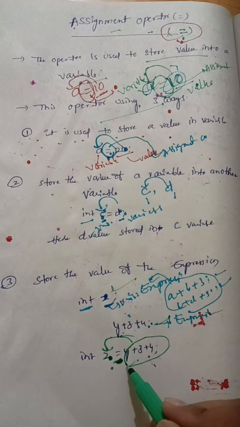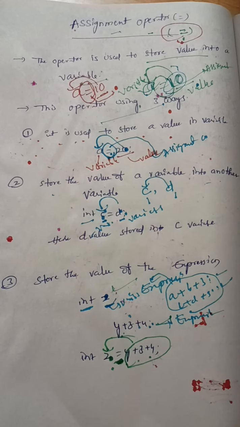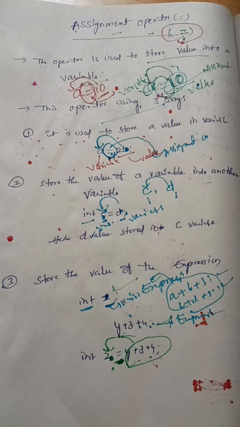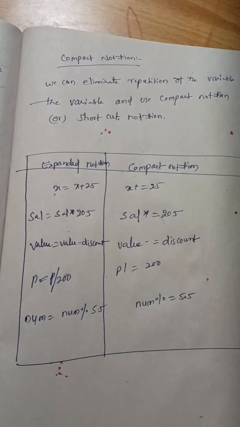This is called expression storage. The assignment operator is used in three ways: variable into value, variable into variable, and variable into expression.